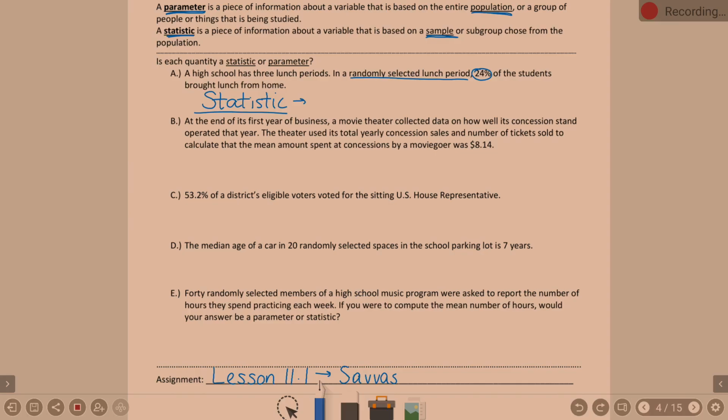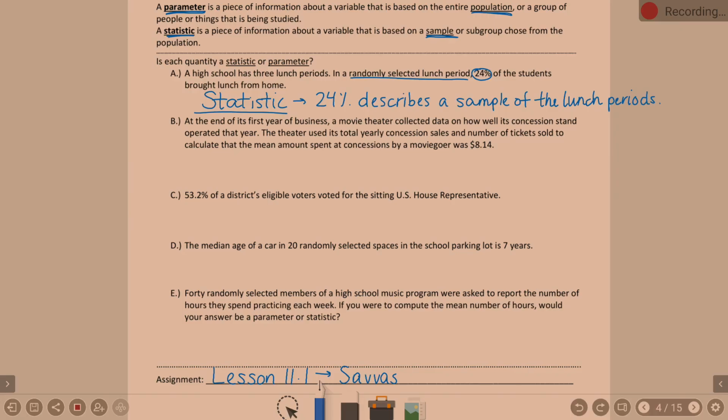Trying to think how I put it in my notes. 24% describes a sample of the lunch periods.